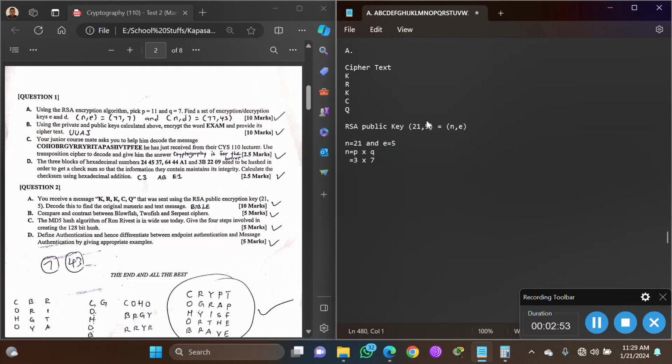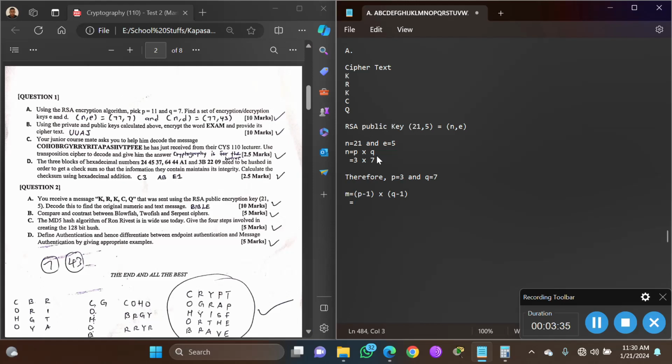Therefore, we can tell that P is equal to 3 and Q is equal to 7. Now we need to calculate M. M is P minus 1 times Q minus 1.